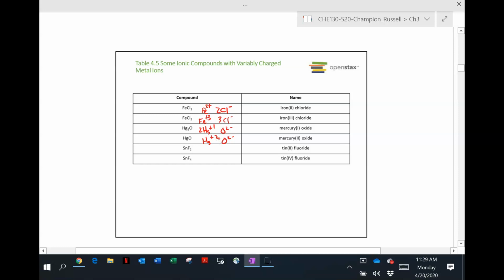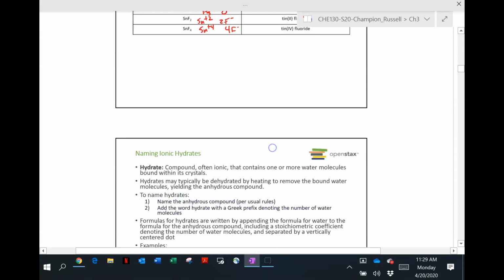Tin's another example. With 2 F minuses, fluorine's in group 17, I've got 2 of those, so this tin must be plus 2. And with 4 of those F minuses, that tin must be plus 4 for the charges to cancel out. So those are some examples of ionic compounds with variable charges.